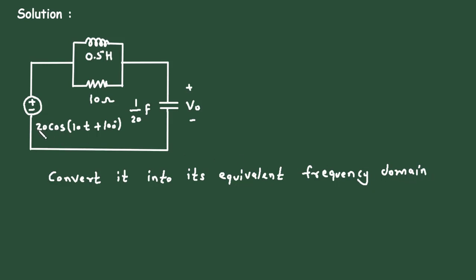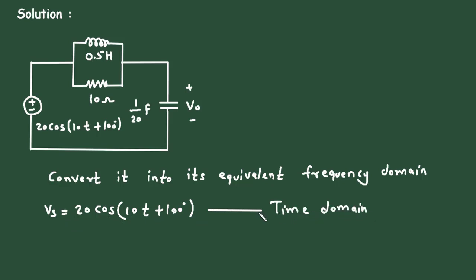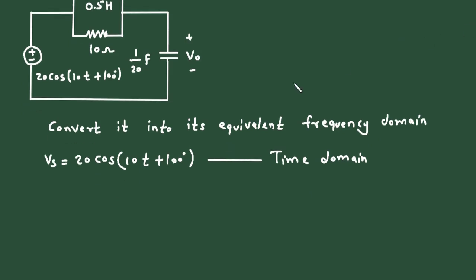Here this is a voltage source. So Vs is equal to 20 cos(10t + 100 degrees). Now it is in time domain format. So convert it into its equivalent frequency domain.